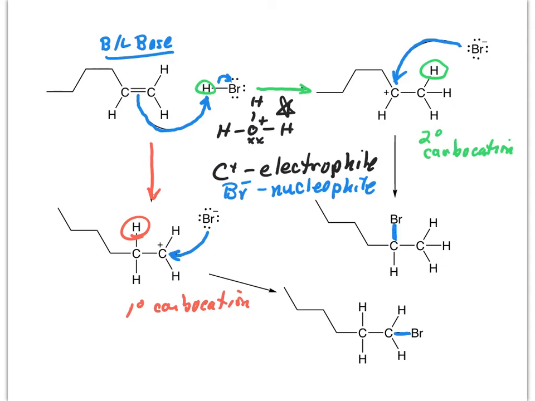And so what's our choice? If it goes the green path, we get 2-bromohexane. If it takes the red path, we have 1-bromohexane.